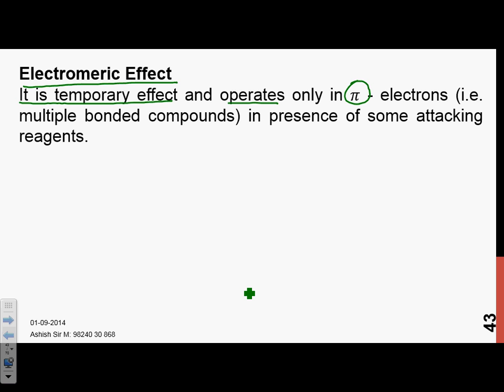That means multiple-bonded compounds. It takes place only in the presence of some attacking reagent; otherwise it will not take place. Let me explain.